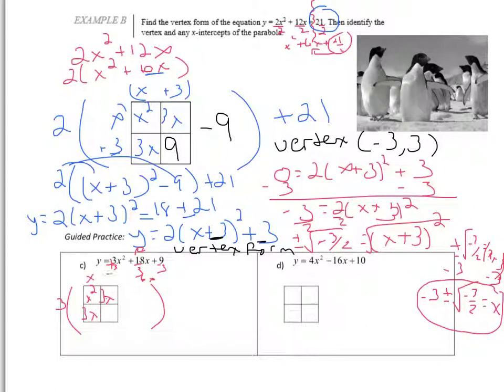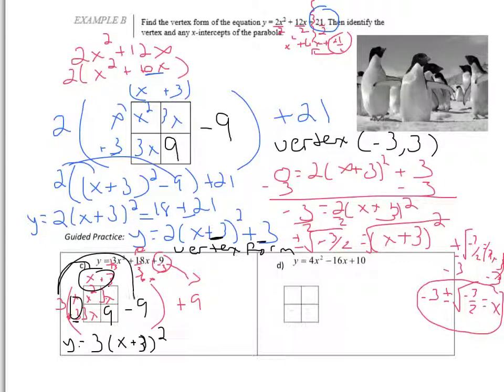That means this is x and 3, positive, and this is x and a positive 3. So if I square 3 times 3, I get 9. And again, we added 9 we didn't have, so we have to subtract it. And we actually took this 9 and moved it over here. So if I rewrite it, I have y equals 3 times x plus 3 squared, because we distributed that to our square.